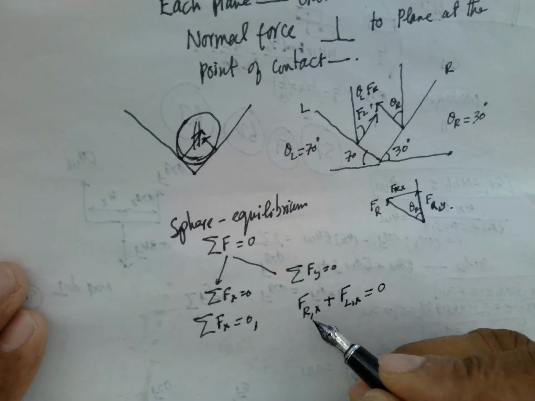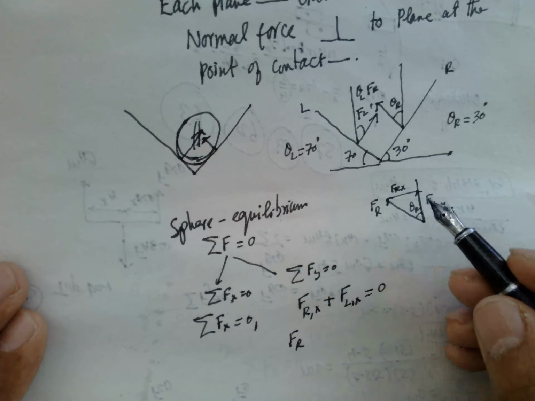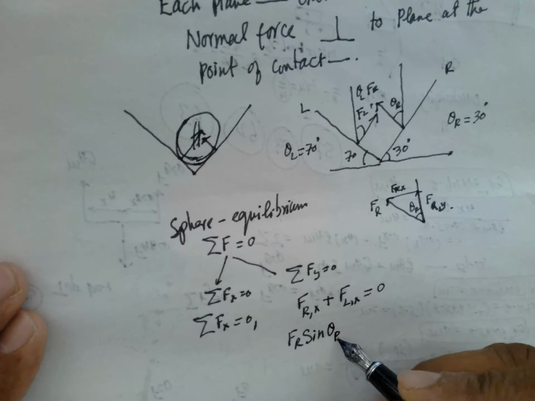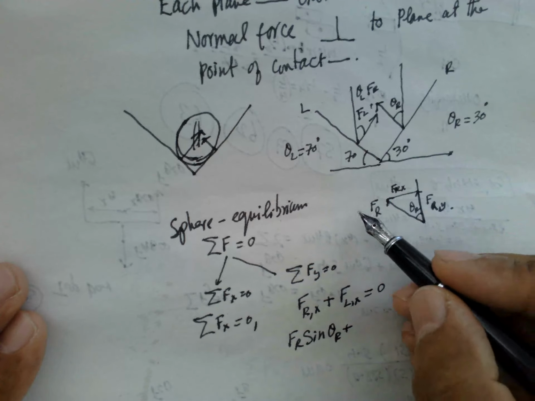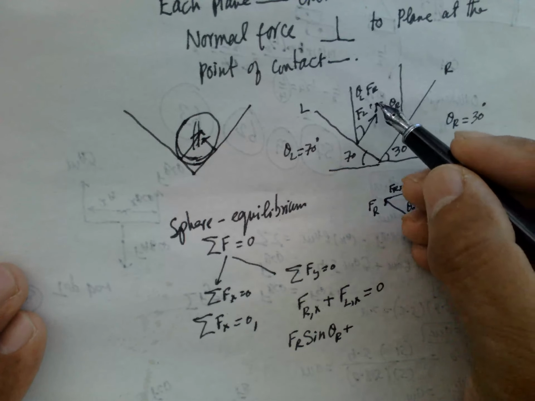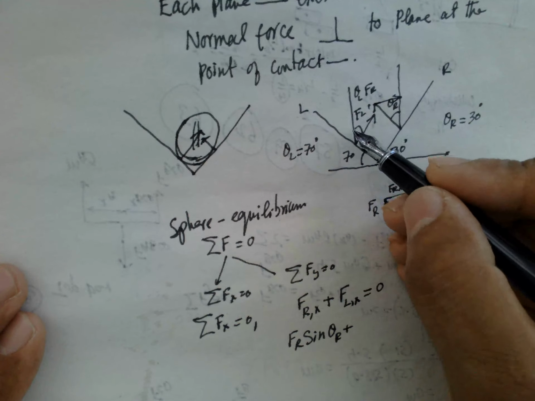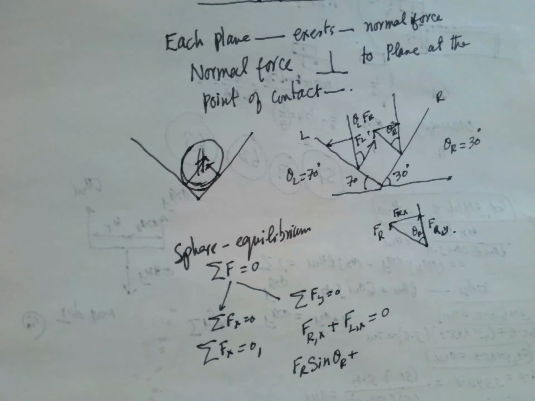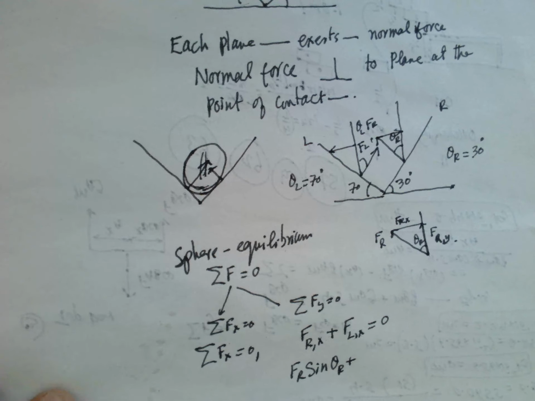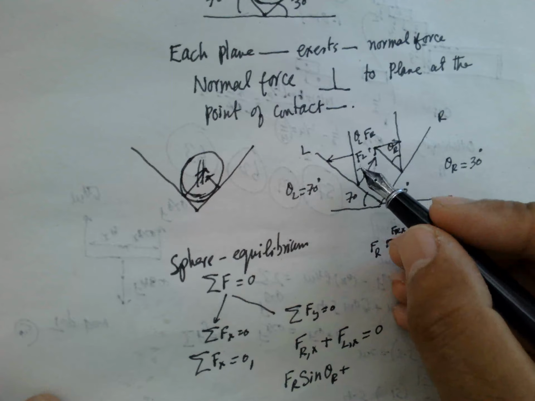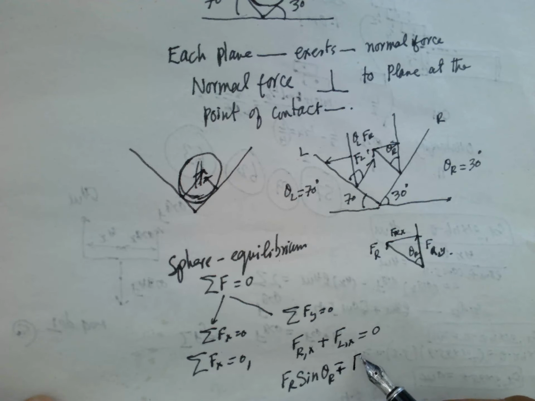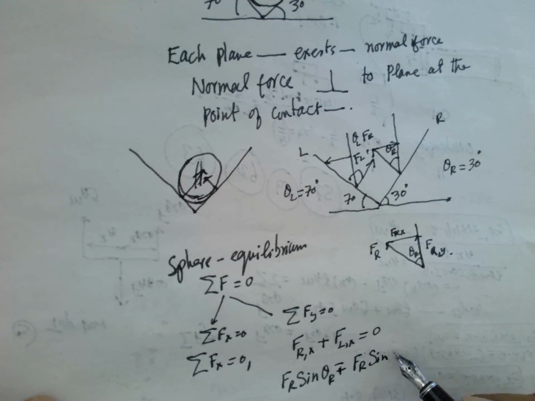This one is F_R sine of theta right, plus similarly on this side, but this is on the negative side, so this will be a negative sign: minus F_L sine of theta L is equal to 0.